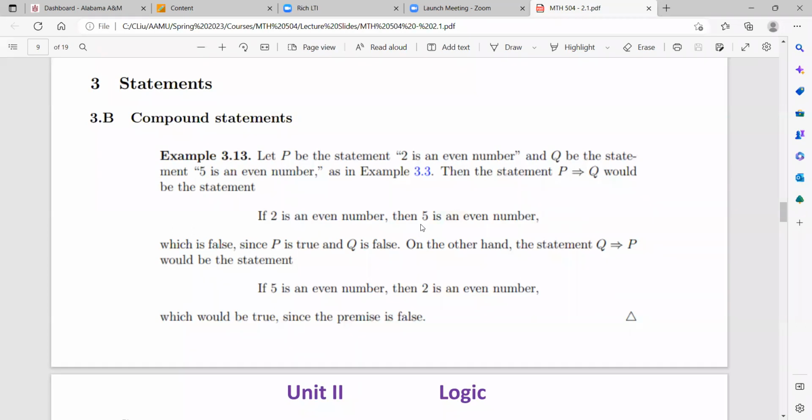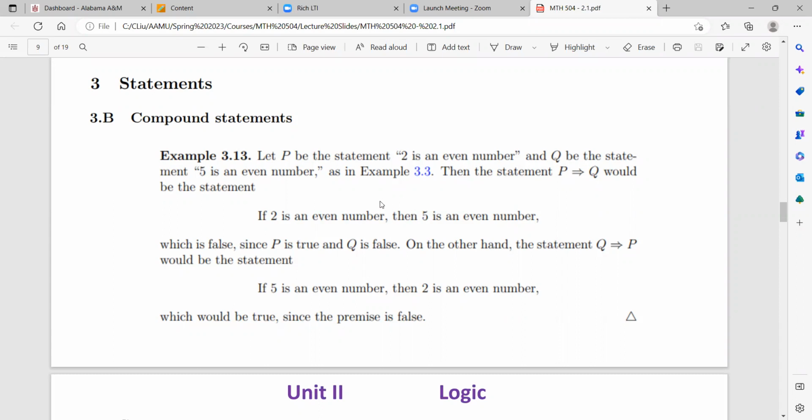But just use the definition. 2 is an even number, that's P, and 5 is an even number, that's Q. That's false. So if P is true, then Q is false.